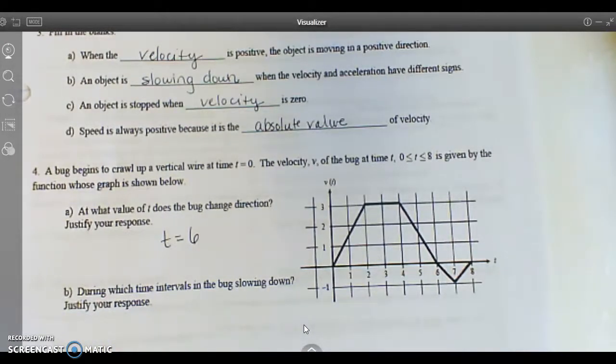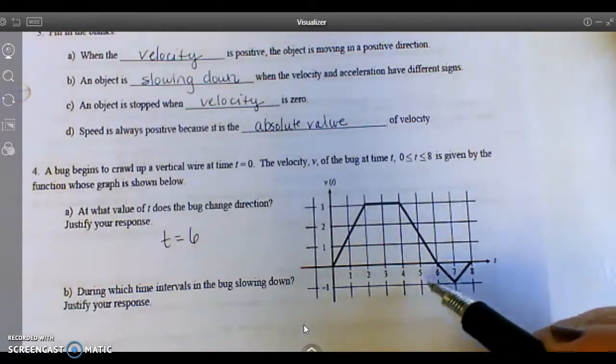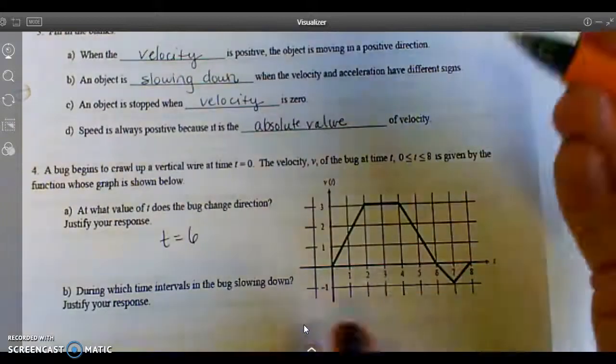Whenever I try to think about slowing down, basically I think about the speed, and about when it's going down like that. Because velocity is underneath the x-axis right here, I'm going to draw the speed graph, because speed will help me figure out the slowing down.